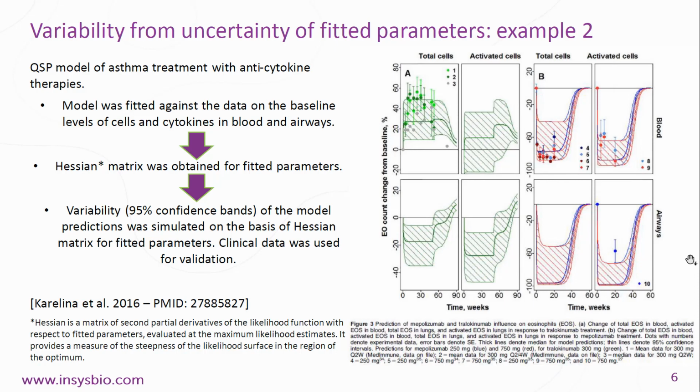Then the Hessian matrix was obtained for the fitted parameters, and then 95% confidence bands were simulated for the model predictions on the basis of this Hessian matrix. In the case of this model, all clinical data on patient treatment was used only for validation. And you can see the examples of validation and predictions on the right side of the slide.